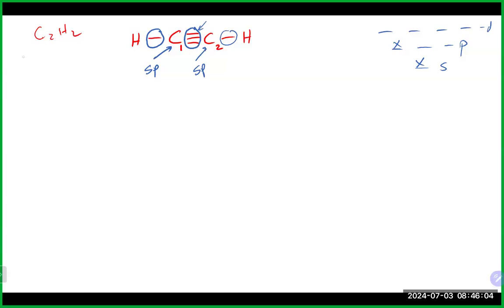So once again, we're looking at carbon, which is our 1s2, 2s2, 2p2, which is our 4 valence electrons. And again, it's going to hybridize as sp. So it's going to start out like this.